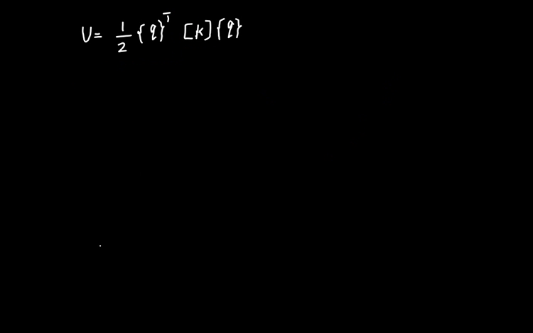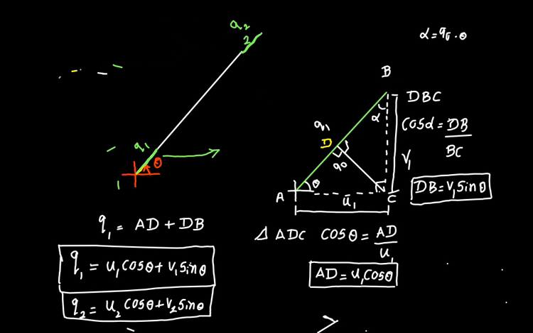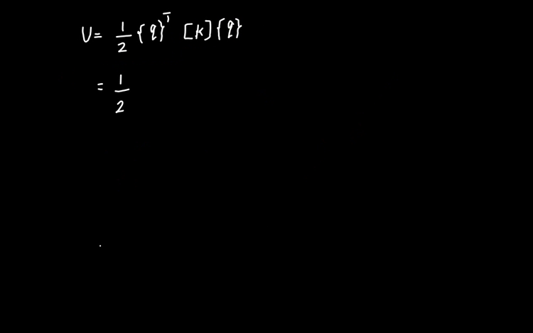So in the next step, I'm going to say it is 1/2 into, what is this Q transpose? Well, it's Q1, Q2, right? That's right. But I have to write the Q matrix, Q1, Q2 in the form of a matrix. So let me do that.